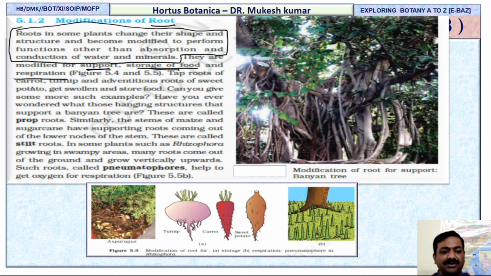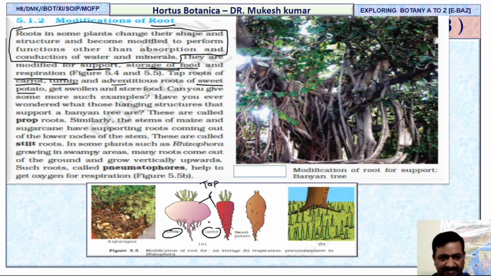Now the taproot of carrot and turnip, and the adventitious root of sweet potato, get swollen and store food. So they summarize the carrot and the turnip, and these two structures are of taproot. Second, the example we have is sweet potato.